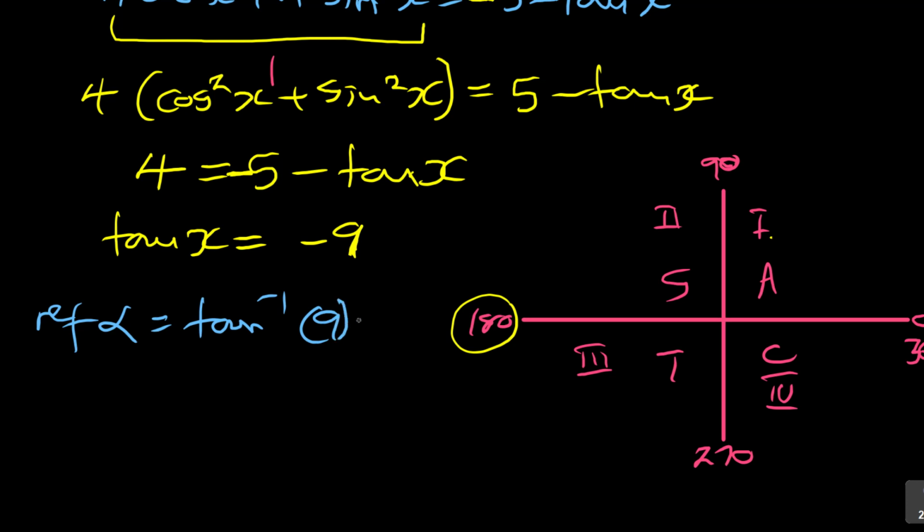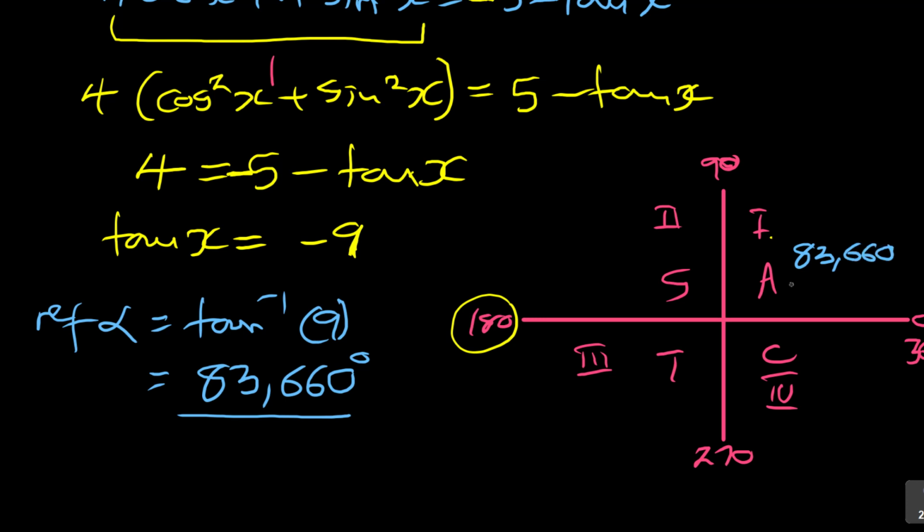Just ignore that negative. I'm going to explain why. So arctan 9 is 83.660. Now, why did I ignore the negative? The reference angle, if negative, would have fallen into the fourth quadrant. Yes, thank you. So I'm here now, 83.660.